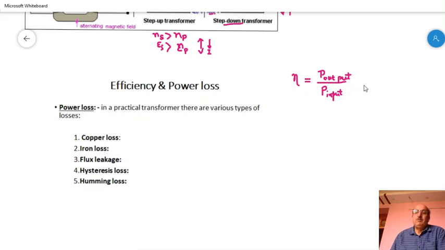In general, the transformer has lesser efficiency than 100% because there is always loss of power during the transformer processes. And in general, the efficiency is lesser than 90%.